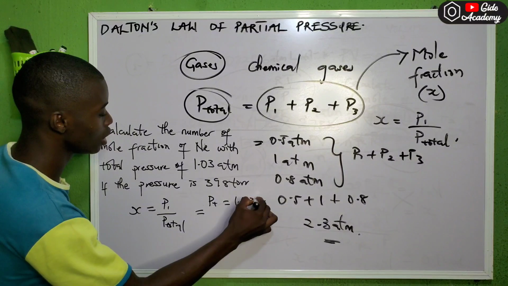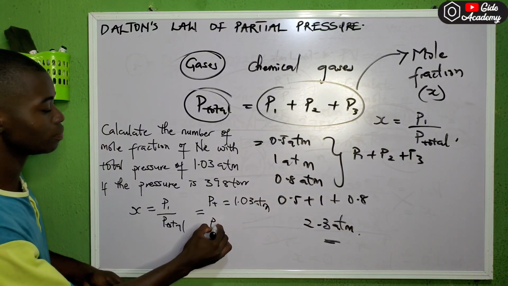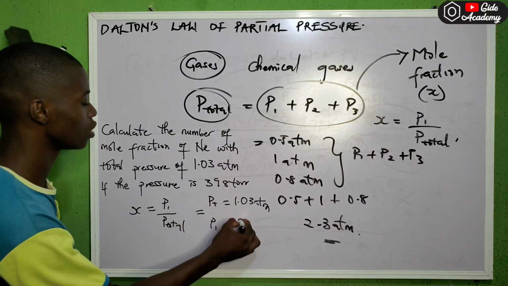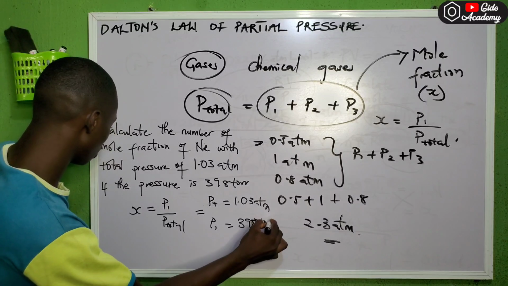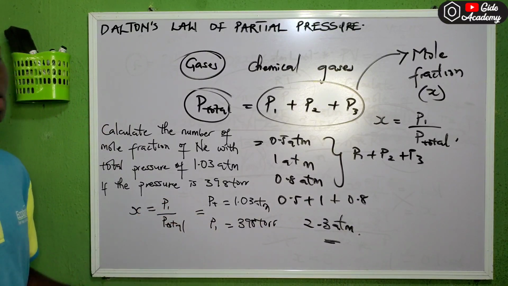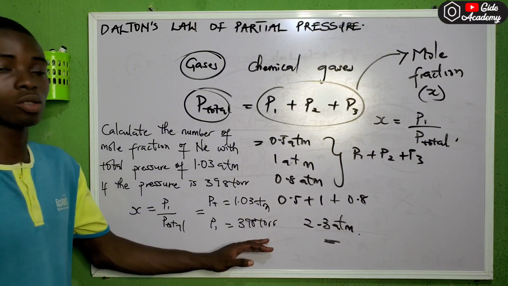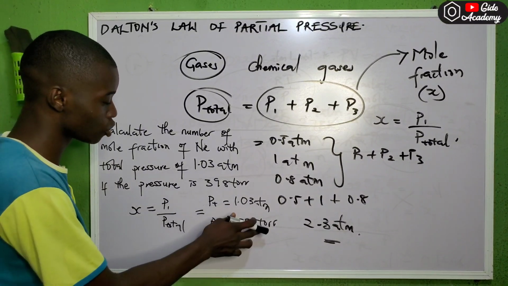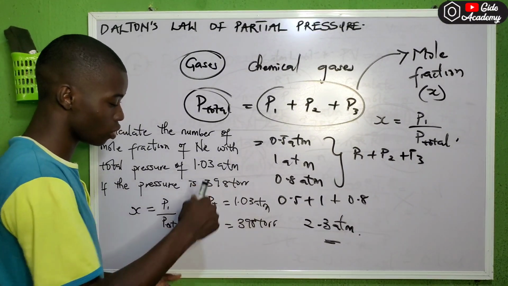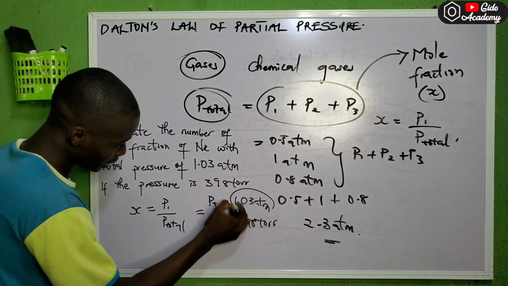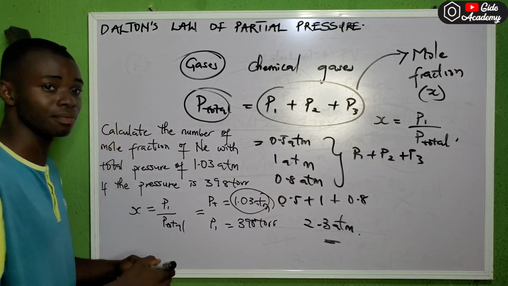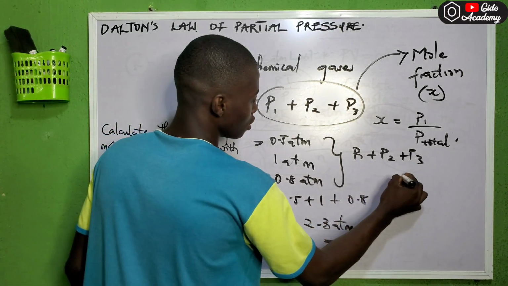1.03 atm. Then our partial pressure, which is P1, is equal to 398 torr. Now, as a good chemist, you are not supposed to solve like this. You either convert atm to torr or convert torr to atm. So if I want to convert this to torr, I will multiply it by 760.